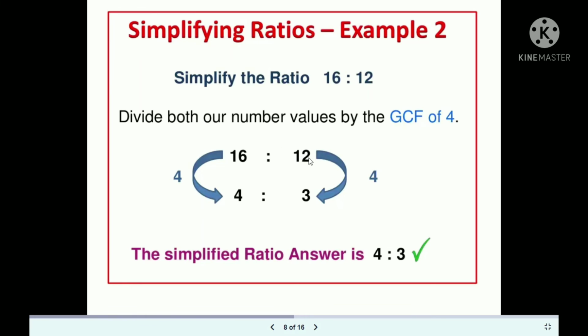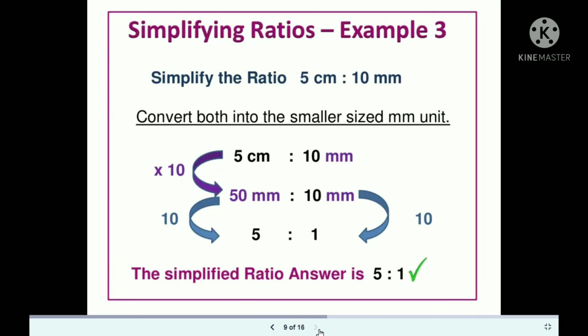Nakuha po natin kanina. So, 16 divided by 4 is 4. Then, 12 divided by 4 is equal to 3. So, the simplified ratio answer is 4 is to 3. Ayan. Dahil nakuha po natin ang GCF kanina na 2 times 2, that's equal to 4.